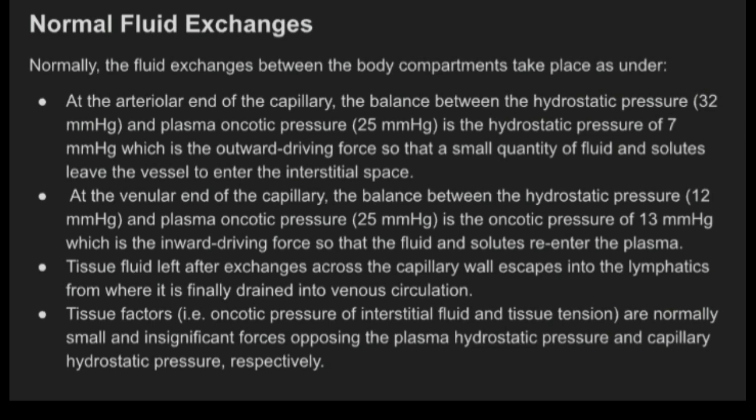Intracellular is inside the cell and extracellular is outside the cell. The extracellular fluid compartment can be further divided into four subdivisions, which are interstitial fluid, intravascular fluid, mesenchymal tissue fluid and transcellular fluid. So that covers the water components.